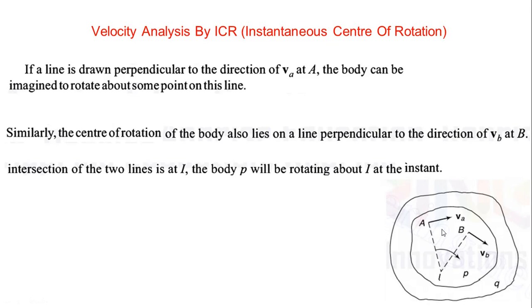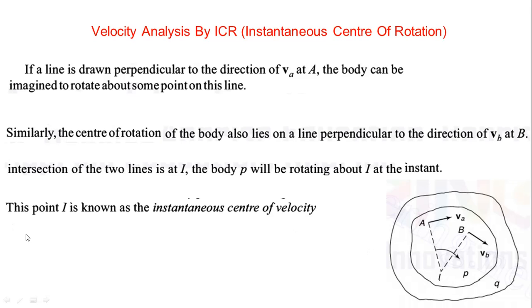The lines drawn from point A and point B intersect at some point, which is called point I, and that point is known as the instantaneous center of velocity, or instantaneous center of rotation, or simply ICR. This is the way to locate the ICR for a body which is moving relative to another body.